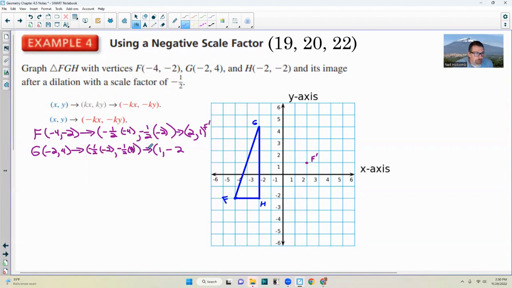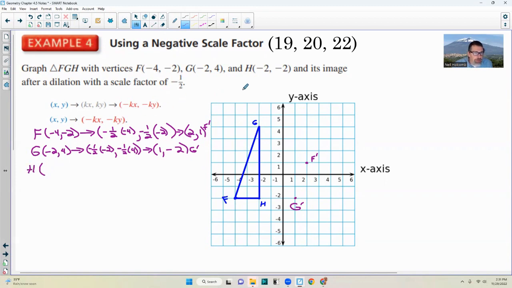All right, that's a 4 right there. Let me fix that. It's hard to read. This is a 4 in parentheses. Okay, so that's going to be (1, -2), and that is my G prime. So over 1, down 2. That is G prime.